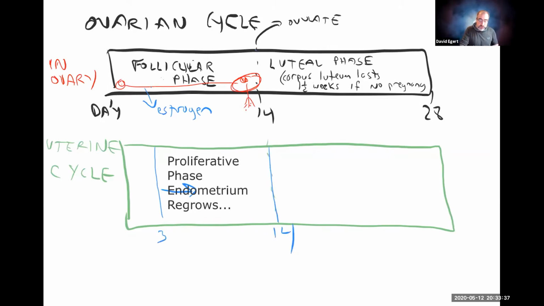Once we hit the luteal phase, where we're making progesterone, progesterone maintains the endometrium. And again, at this point, after day 14, the endometrium has regrown. It's ready to go. This is what's called the secretory phase.